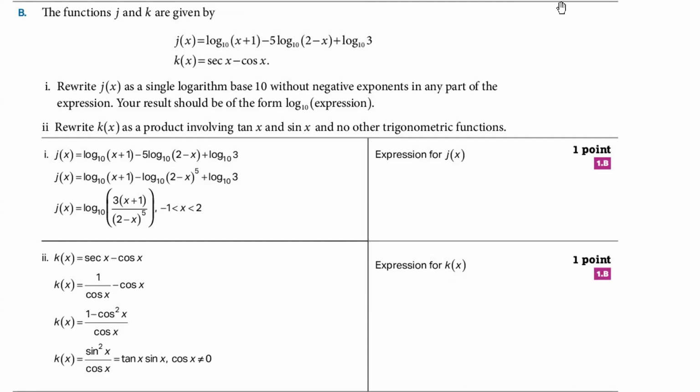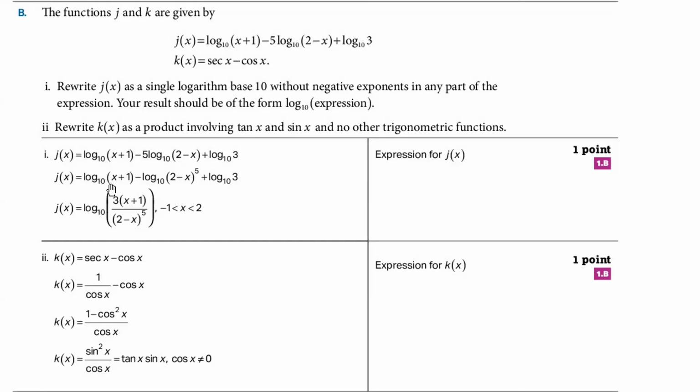Log properties: when you're subtracting, remember that's the quotient property, and when you're adding, that's the product property. Before you do anything, you apply your power property. Your power property says that your leading coefficient becomes the power of the argument. Do you remember that? And now you're just going to write the arguments from left to right. So I have x plus 1 here minus this.